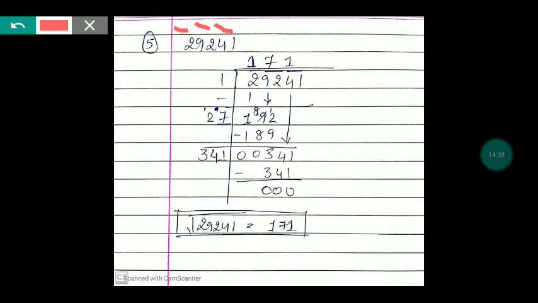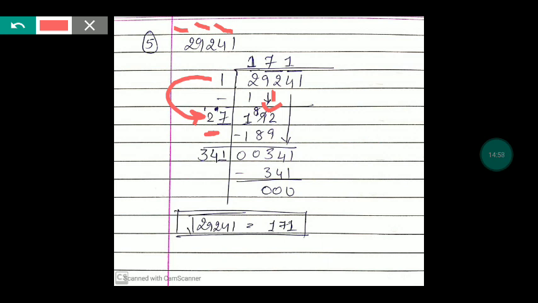So here first you will solve for only 2. So 1 ones are 1. 1 remains. Bring the second group down, 92. Here double of 1 is 2. Now you have to think of a number that is nearer to 192.